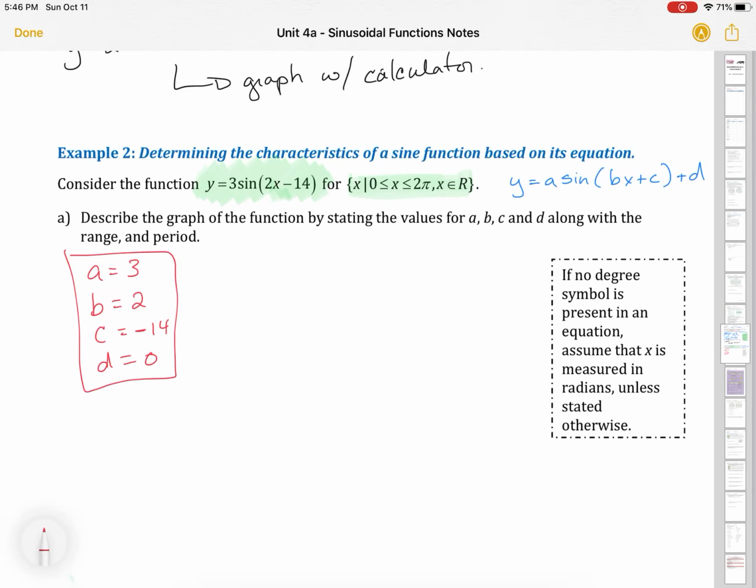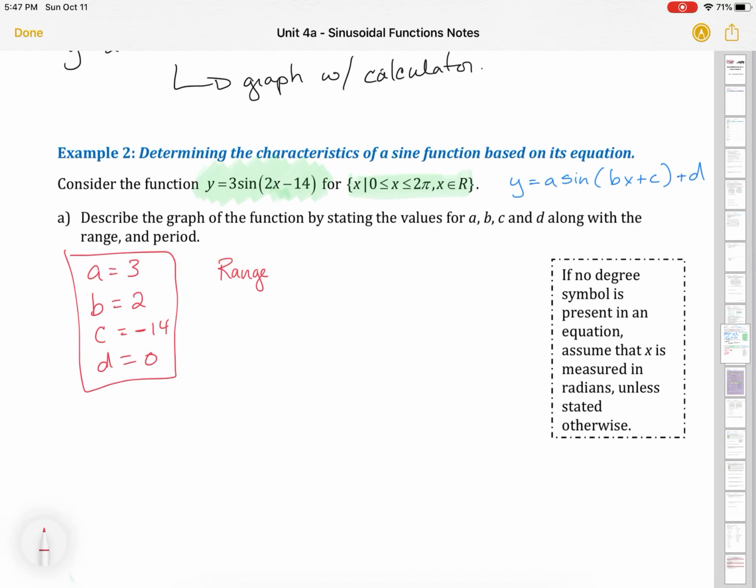Now it wants us to find the rest of the information. It wants us to describe the graph along with the range and the period. We've stated the values, and we want to find the range.